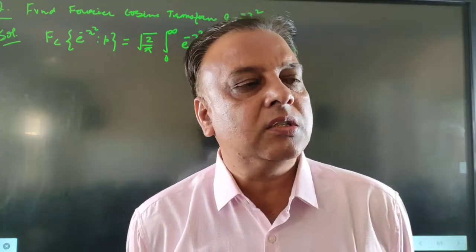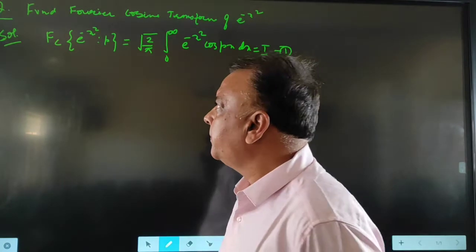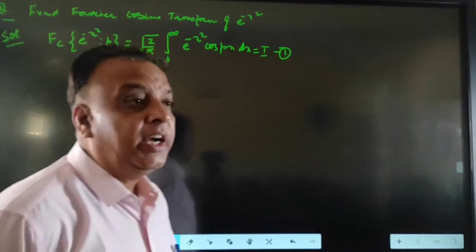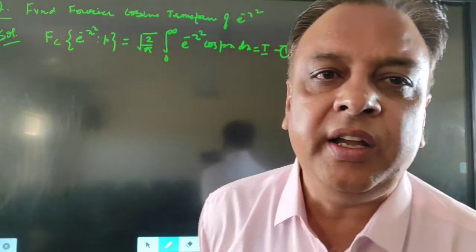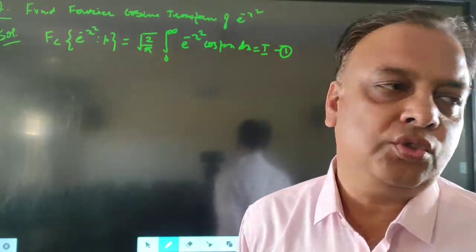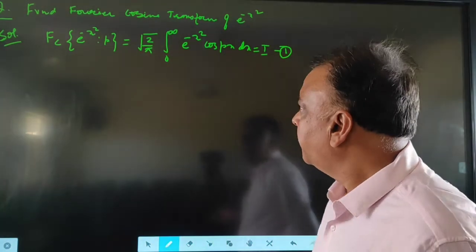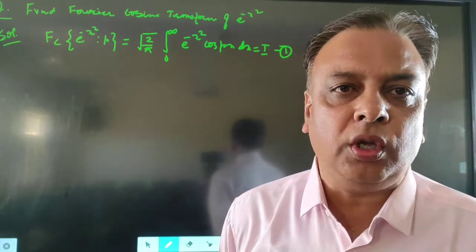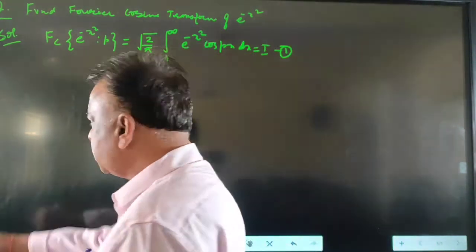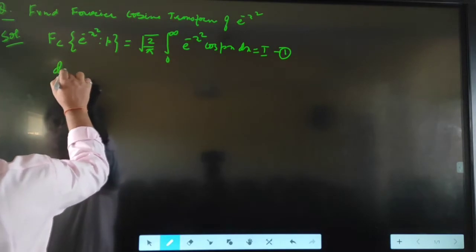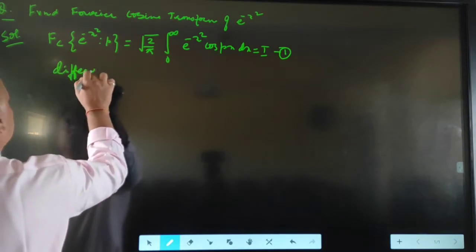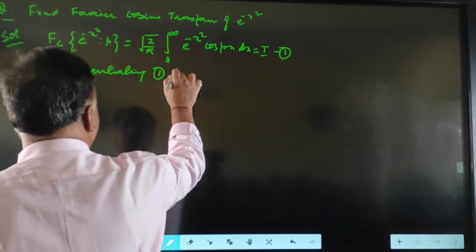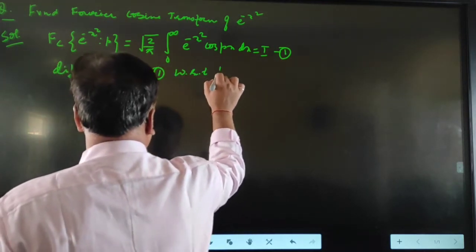We take this as the integral I. Now we see that it is slightly difficult to integrate the right hand side directly, so first we differentiate this with respect to p, or use some different method to solve this integral.